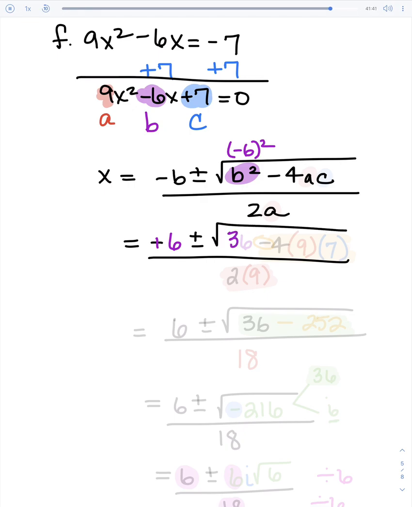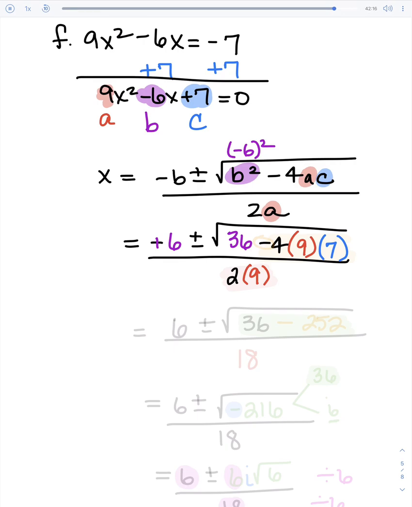So we'd have a positive 36 first, minus 4 times your A, which is 9, times your C, which is 7, all over 2 times your A, which is again 9.